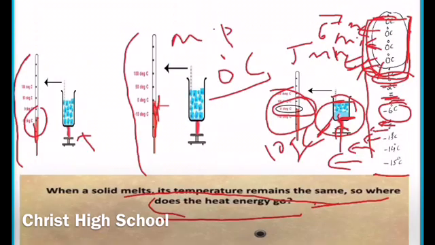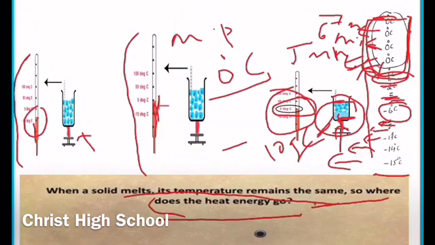So during melting, after reaching the melting point of the solid, the temperature remains constant till the entire solid changes into liquid. Whatever heat you give from the burner at this time is called latent heat.